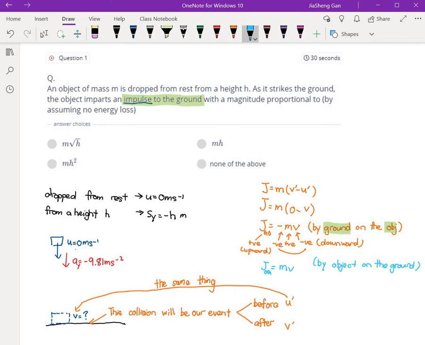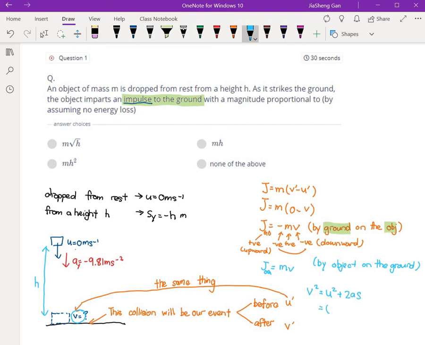The v here comes from the free fall. So how do we get this v? We know v, we know a, we know u, and we have the distance to be h. A suitable formula to use here is v squared equals u squared plus 2as.